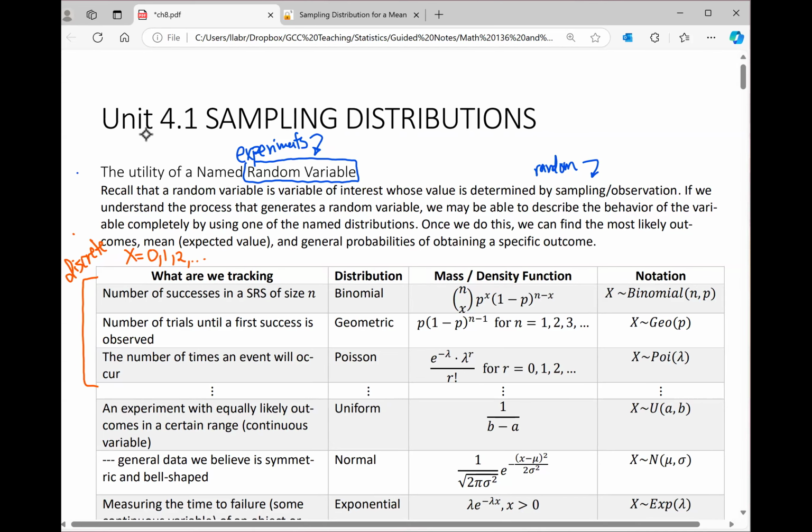We did go ahead and see that a very important distribution was the binomial distribution. And the main takeaway is that it's a named distribution. There's a name associated with it. And that's really important because in essence, it says that we can determine all there is to know about this random variable, aka an experiment, by simply looking at the binomial distribution.